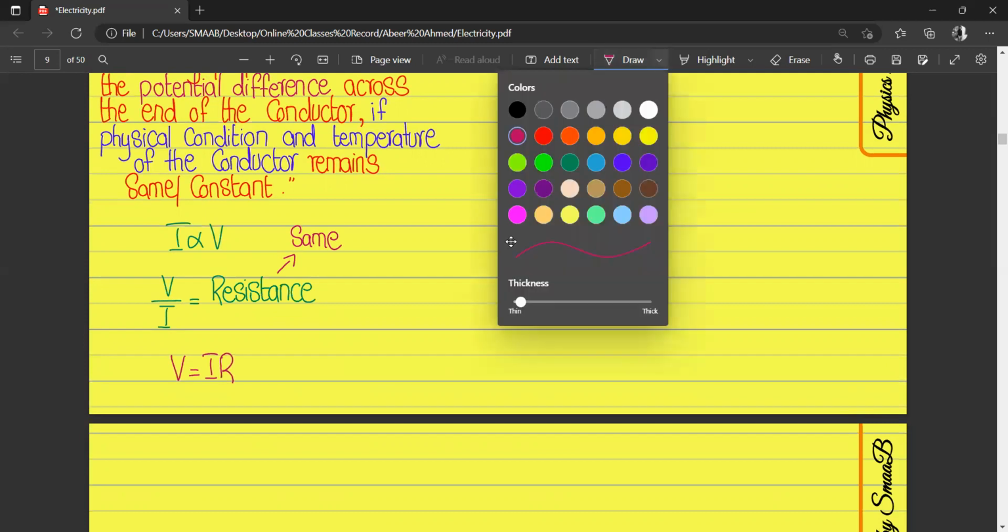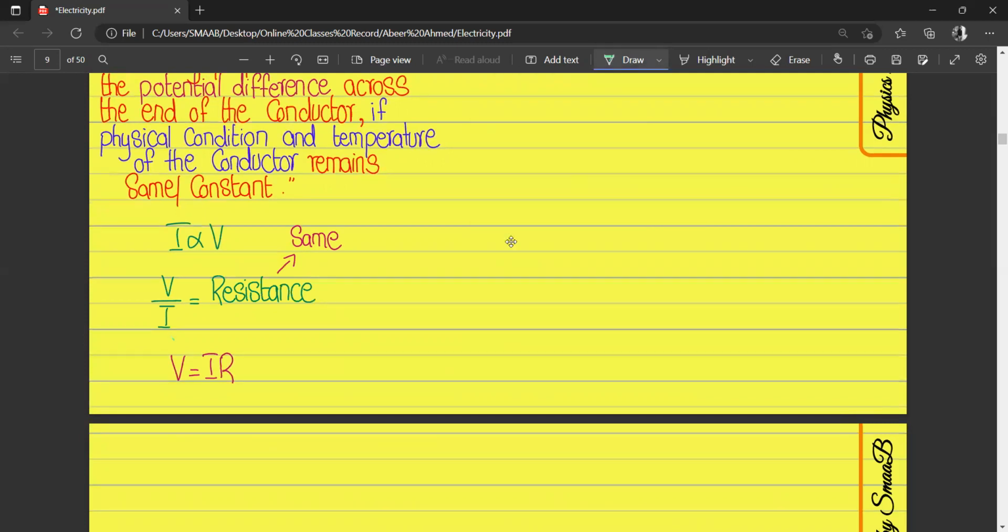This is the final formula, right? So V = IR is the final equation for our Ohm's law, right? Any confusion? No, sir. Okay.